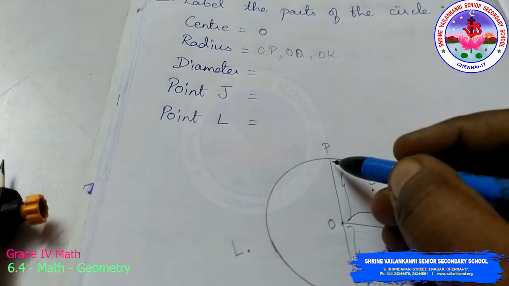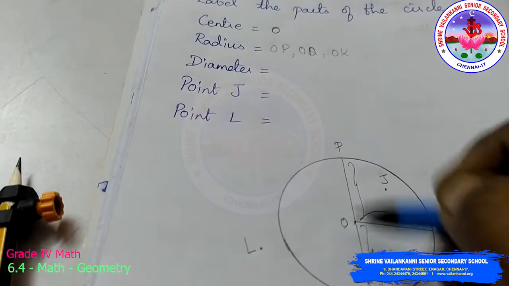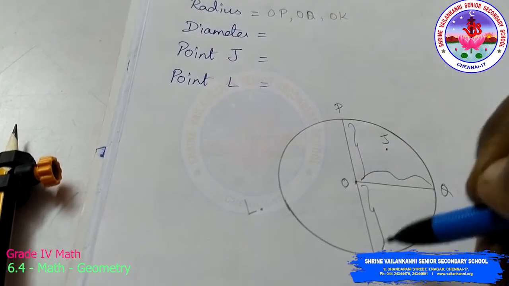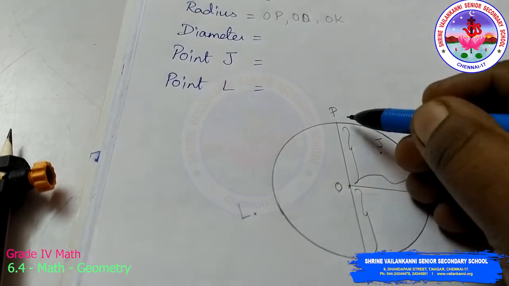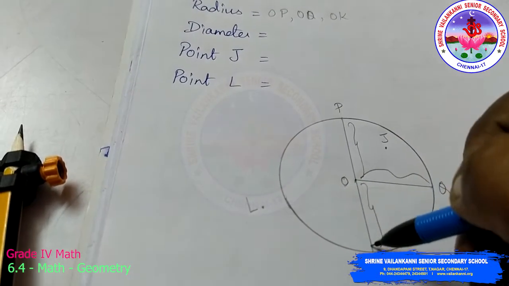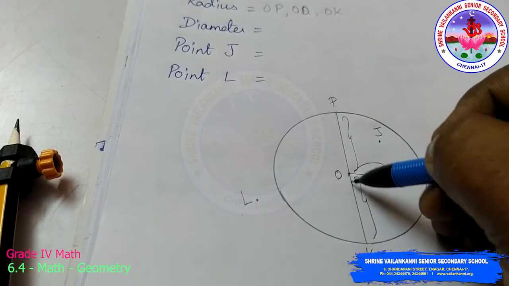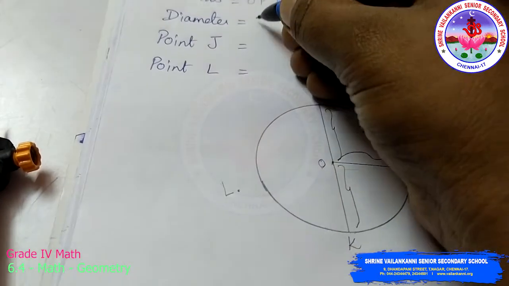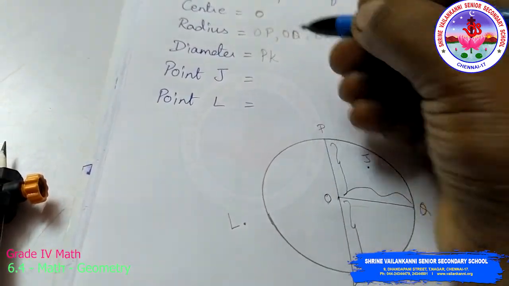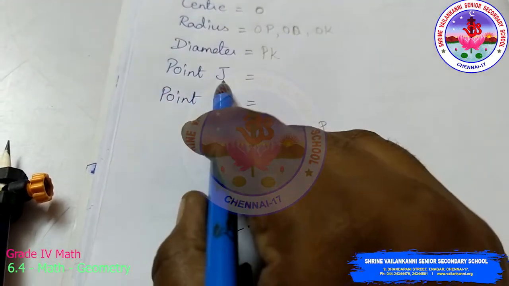Next we find the diameter. The diameter is a line which touches two ends of the circle and passes through the center point. PK is a diameter. What is point J?